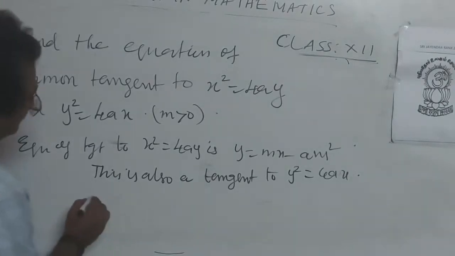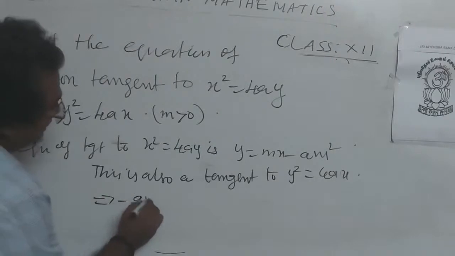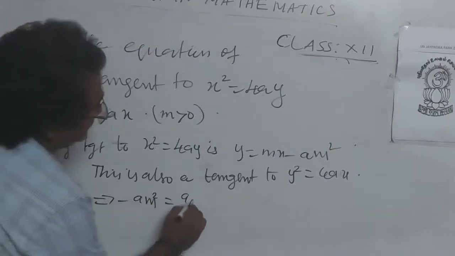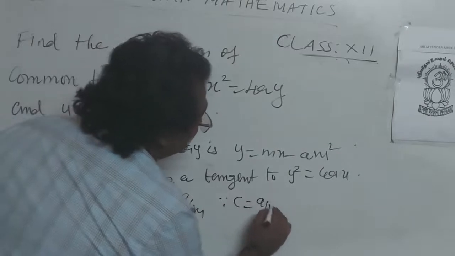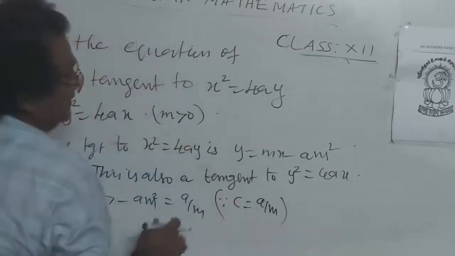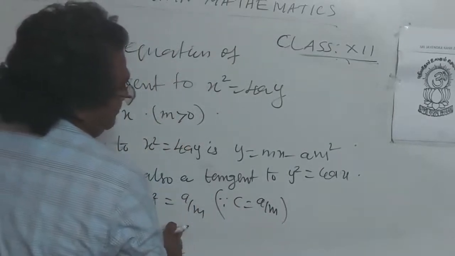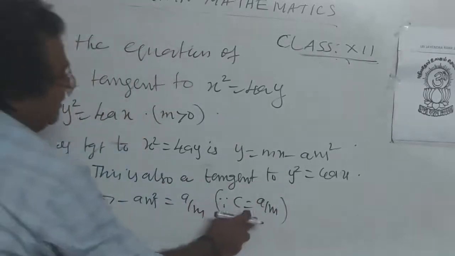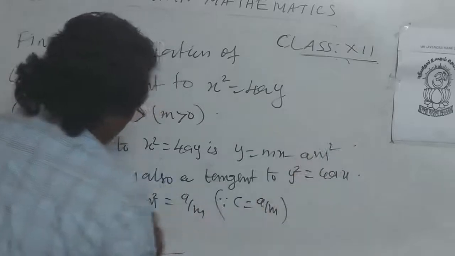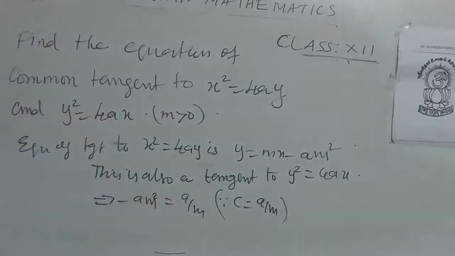Therefore, minus am squared equal to a by m, since in the condition for tangent, c for y squared equal to 4ax is c equal to a by m. In place of c we have minus am squared equal to a by m.